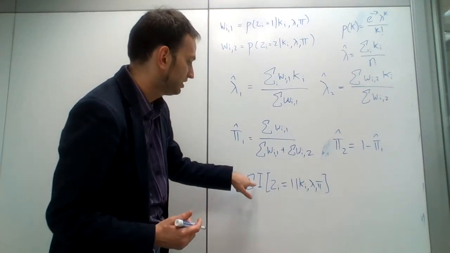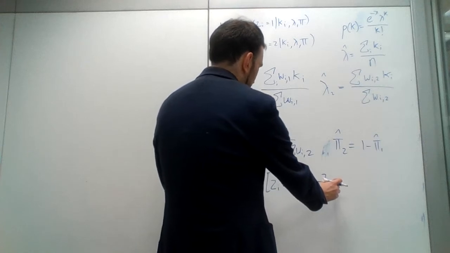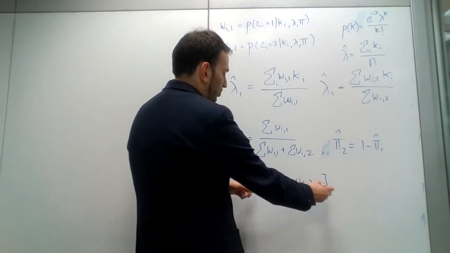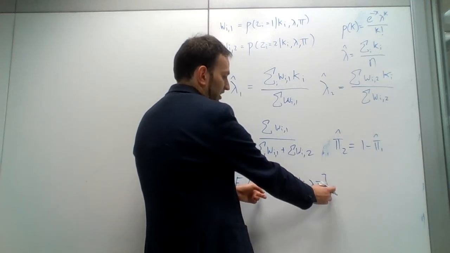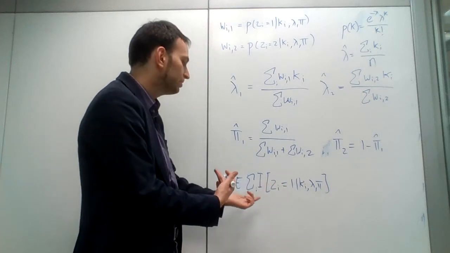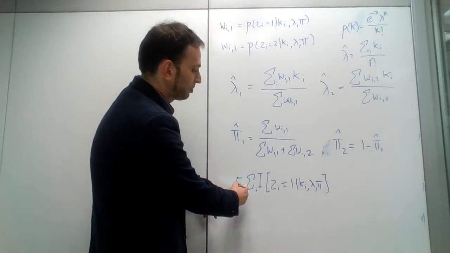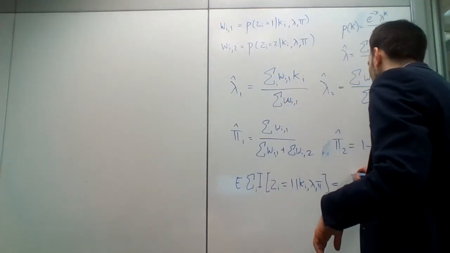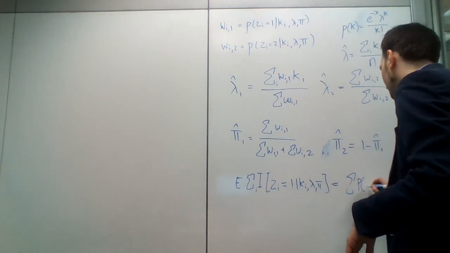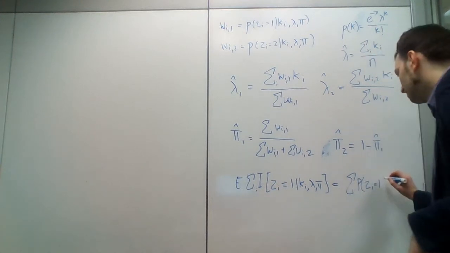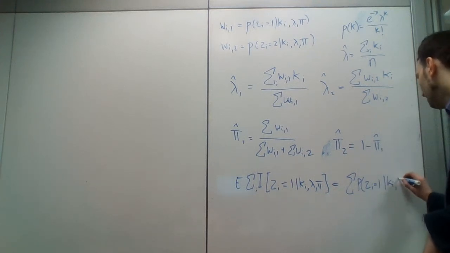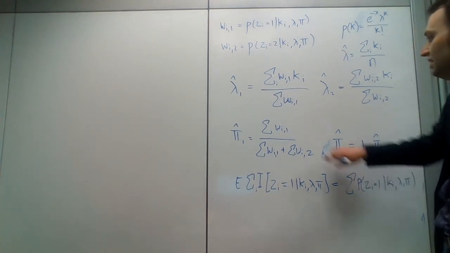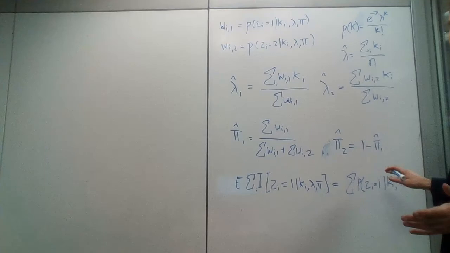But what we can do is say, this is the number of points where Z_i is equal to 1. So we'll just add up those indicator variables. This indicator variable is either 0 or 1, we just don't know what it is. And then we'll take the expectation. If you take an expectation of an indicator variable like this, you'll just get the sum of the probabilities that Z_i is equal to 1 given k_i and lambda and pi, which is exactly what we did over here, because these two are the same.